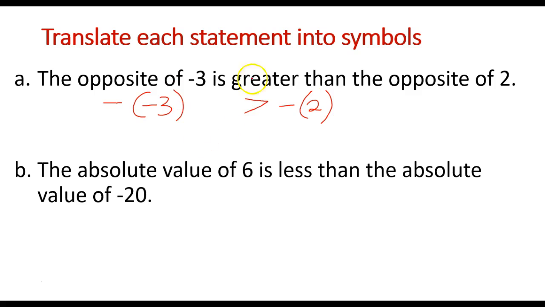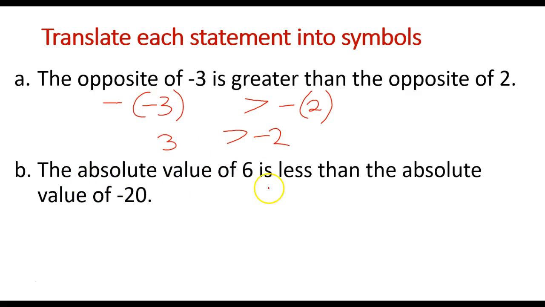So that's what you're asked to write. If you are to simplify it, then you're going to simplify. The opposite of negative 3 is 3, and then the opposite of 2 is negative 2. And that makes sense. 3 is greater than negative 2.